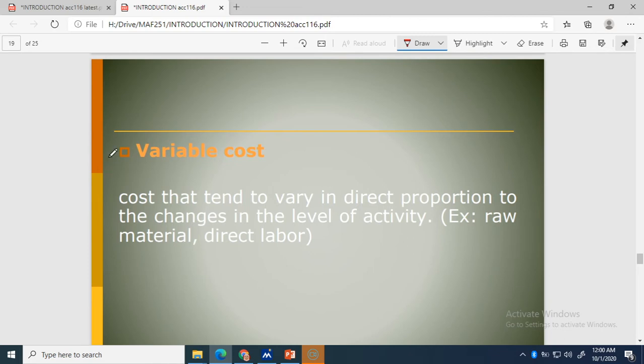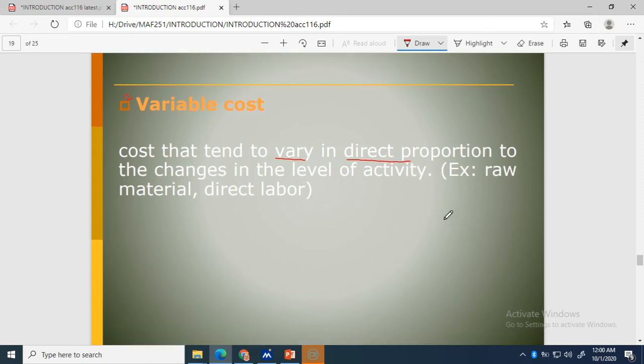The second one is the variable cost. Variable cost is the cost that varies in direct proportion to the changes in level of activity. Examples are raw material and direct labor. Let's say you produce shirts. 1 unit of shirt needs 2 meters of fabric. 2 meters is 20 ringgit.